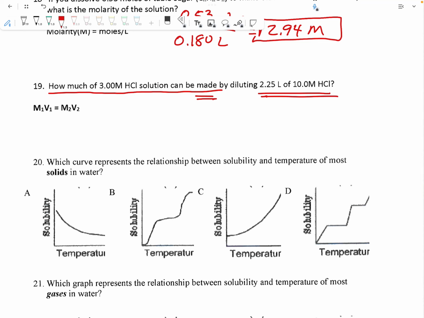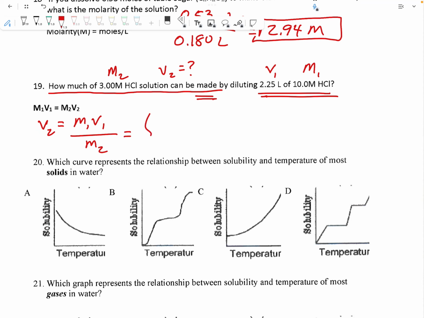This is going to be your V1, this is your M1, this is your M2, and you don't know V2. You're trying to find the volume. So if you rearrange this equation, V2 is going to equal M1 times V1 over M2.